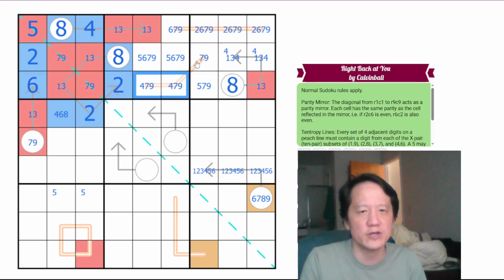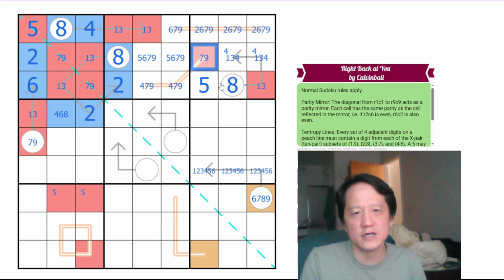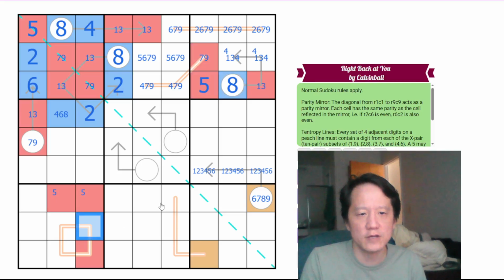Because 5 cannot be on the line. We already know there's a 4 on the line because this has to be 4 here. So this is 7 or 9, which means this is odd. This must be then correspondingly odd. This has to be 5, and therefore this is odd too. So because this is odd, this is even, so this must be even here.